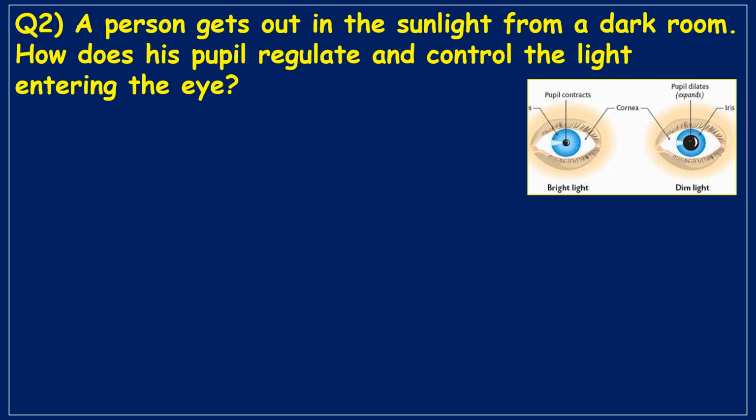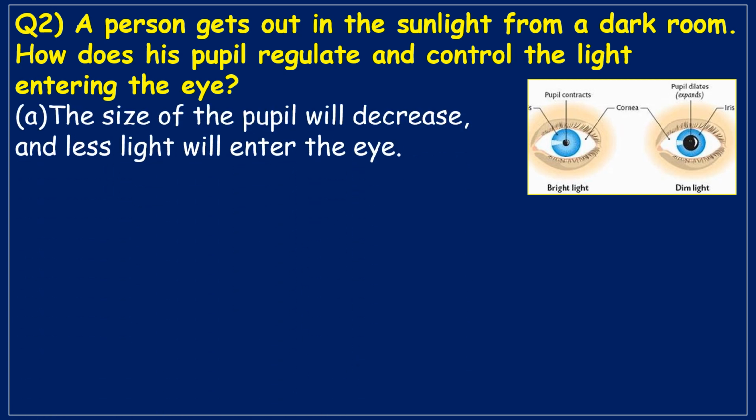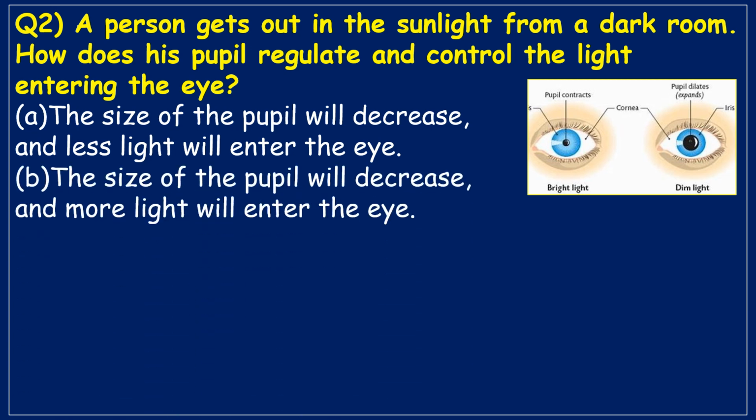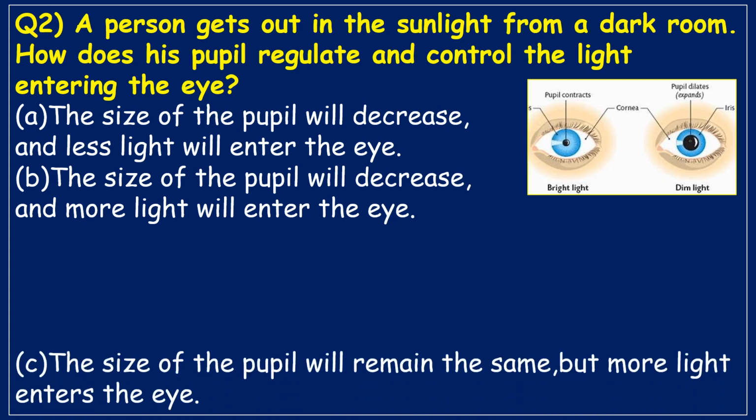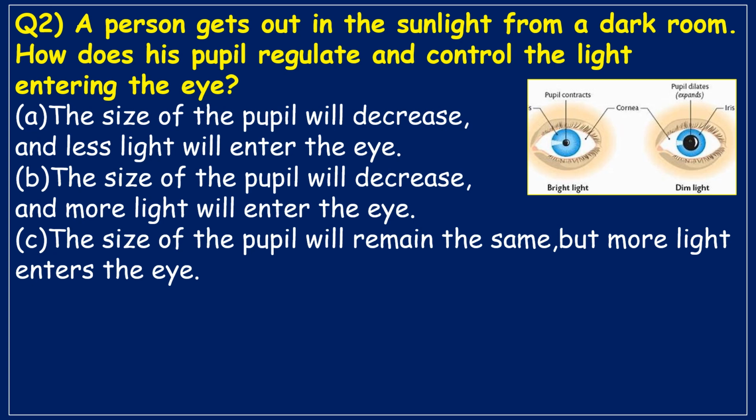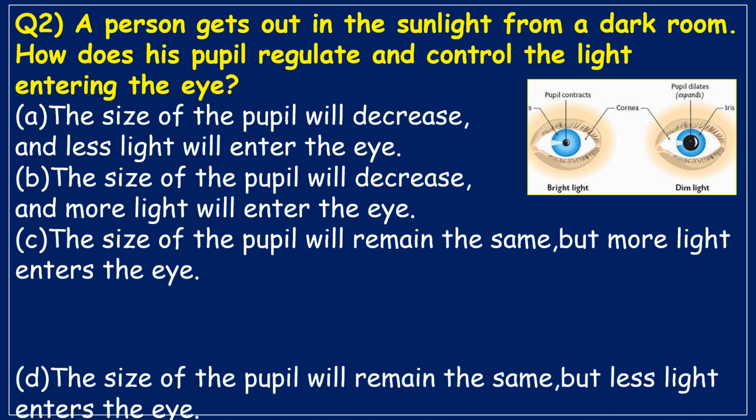Now let's see the options here. Option A. What happens when you suddenly come out of your dark room into sunlight? The size of the pupil will decrease and less light will enter the eye. Option B. The size of the pupil will decrease and more light will enter the eye. Option C. The size of the pupil will remain the same but more light enters the eye.